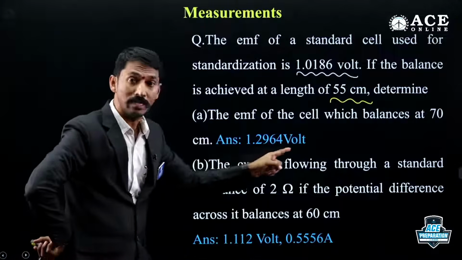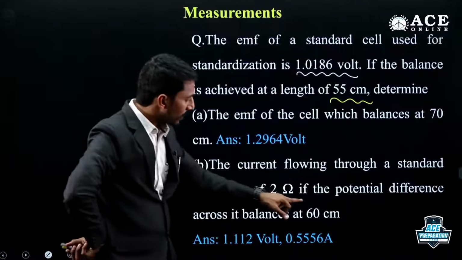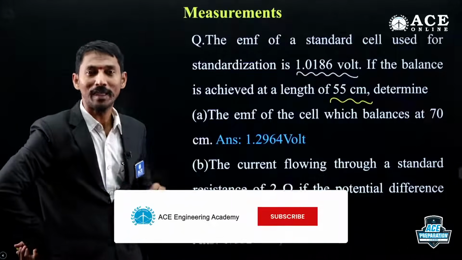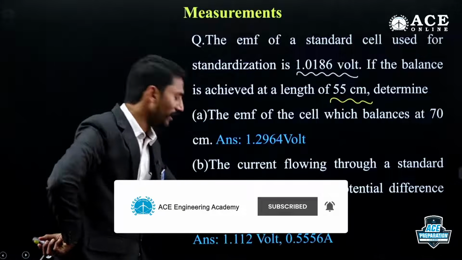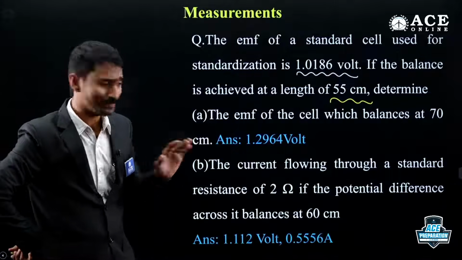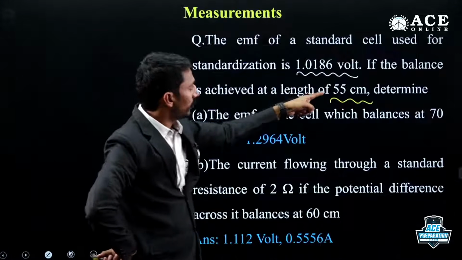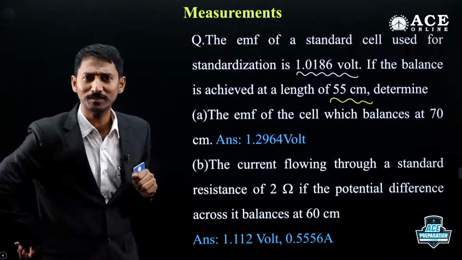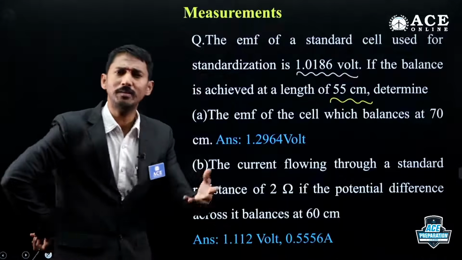If the potential difference balances at 60 centimeter, it means across the 60 centimeter, what is the voltage we need to calculate? After getting that voltage, by resistance, automatically current will be there. That's it. In this direct voltage calculation, now 55 centimeter, this is the value. For 60 centimeter, how much? Automatically you will get. After that, current through this resistor is V by R.